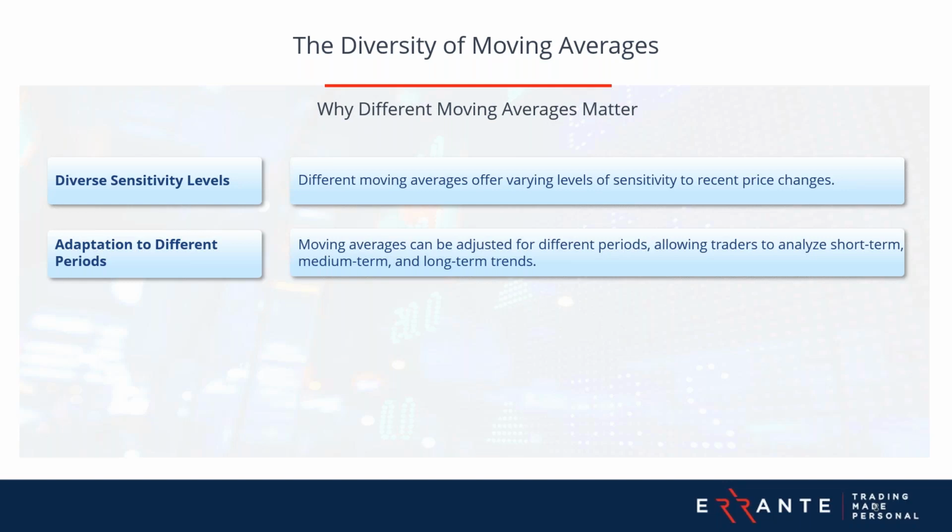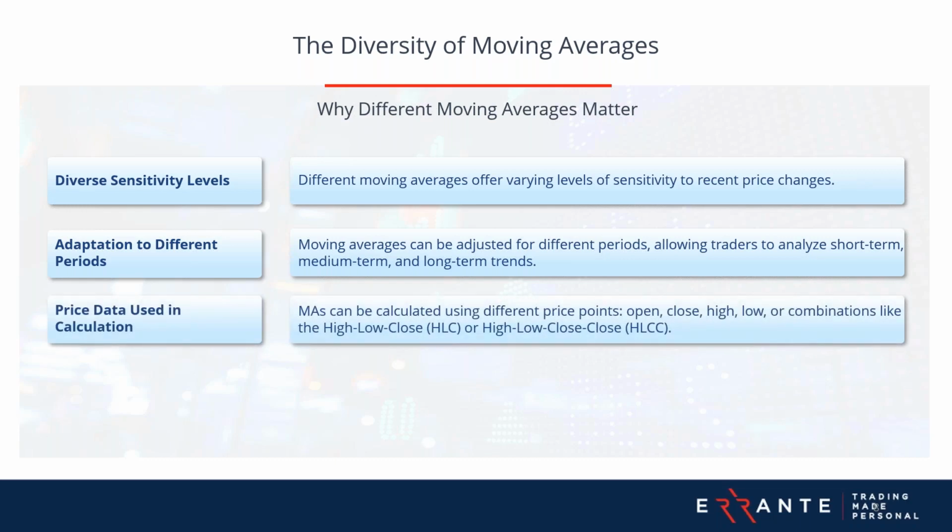Moreover, the adaptability of moving averages to different time periods is crucial as well. Traders can set moving averages over short, medium, or long periods to match their trading strategy, whether they're scalping for small profits or making long-term investments. The period chosen directly affects how closely the moving average follows the price action.